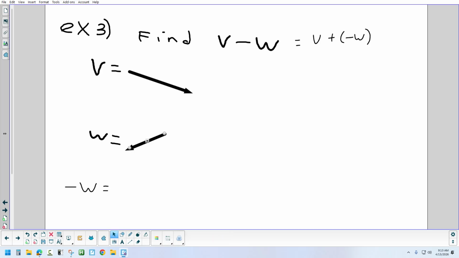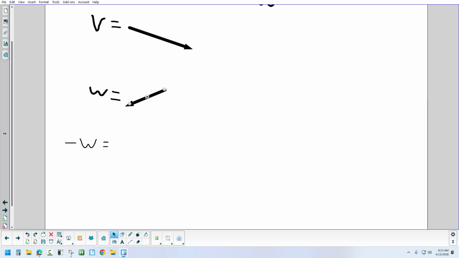Okay, so the first thing I need to do is figure out negative W. Well, I can do that on the smartboard exactly. Anyone have a guess how I could make that point the other way? I don't have a rotate 180. I don't have that option on here. But there is something else I could do that's equivalent to rotating at 180. Yeah?